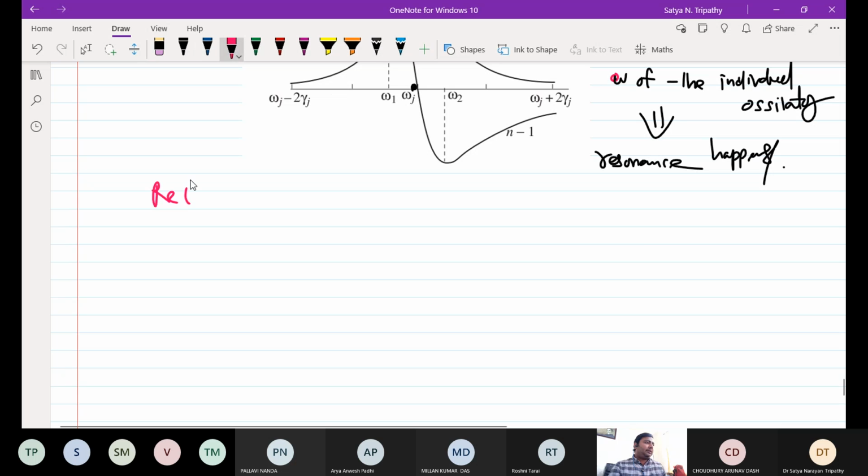The reference is Griffiths book, page 417. If you have any problem in the equations, you can see it there.